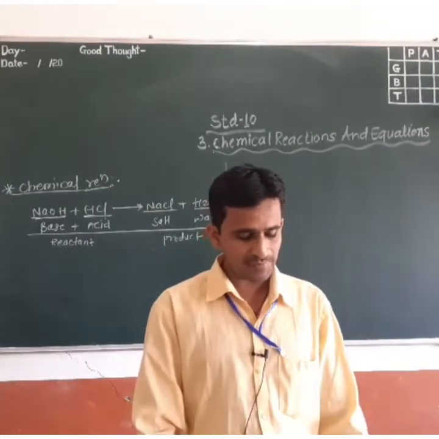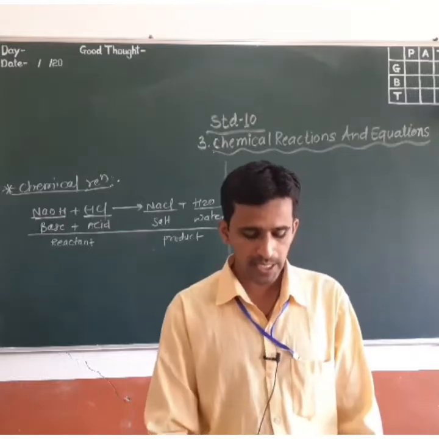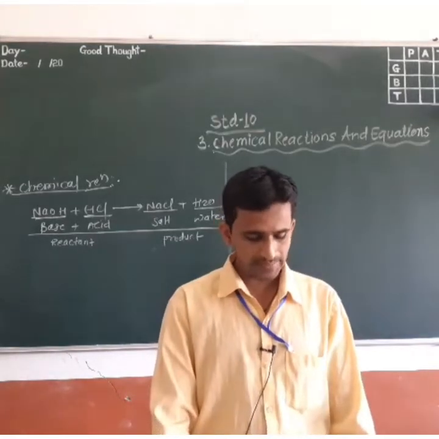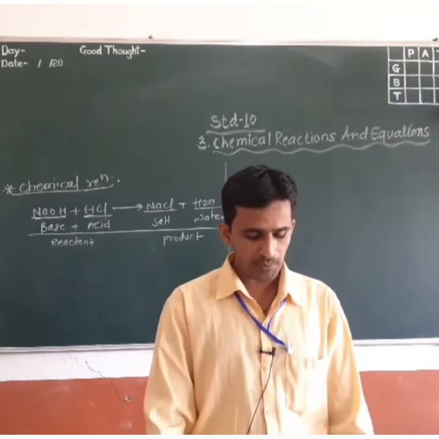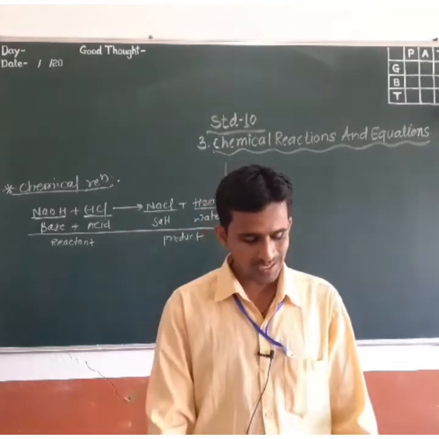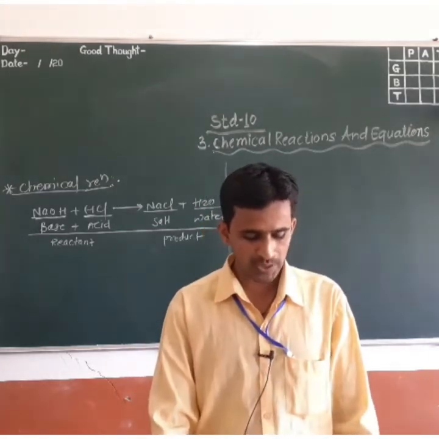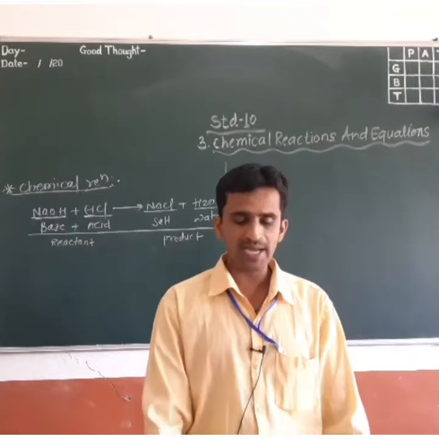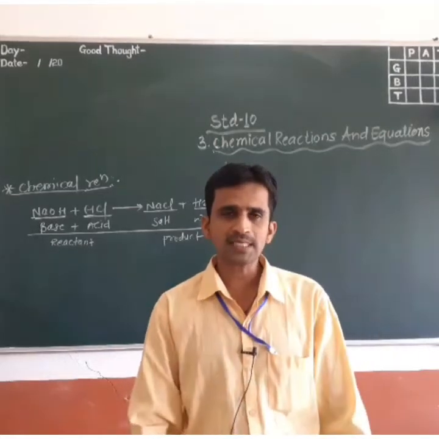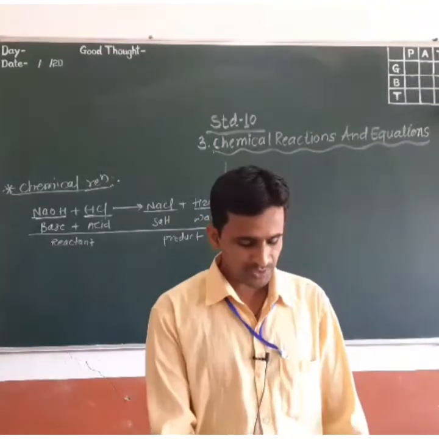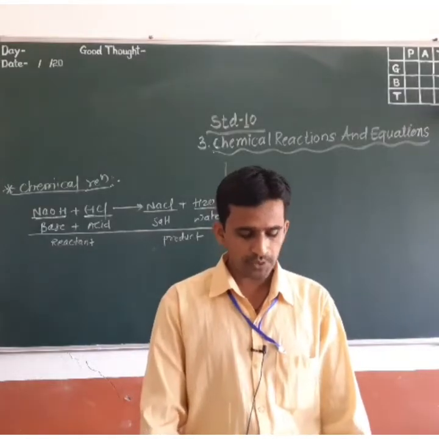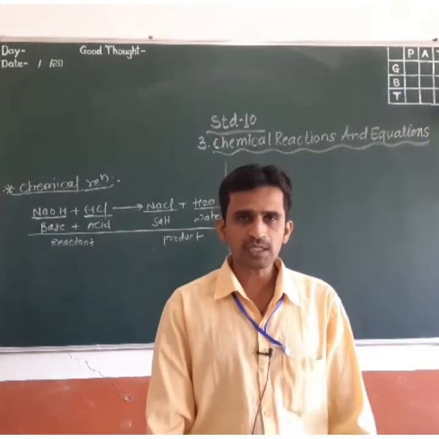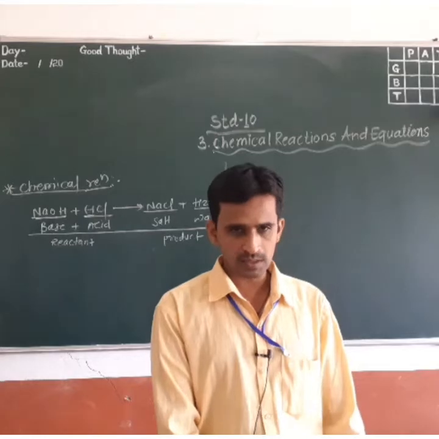Identify physical and chemical change from the phenomena given in the following table. Transformation of ice into water: ice converts into water is a physical change. Cooking of food is a chemical change, as a new substance is formed.